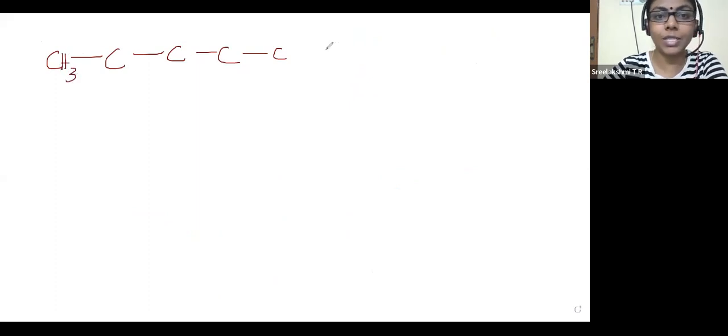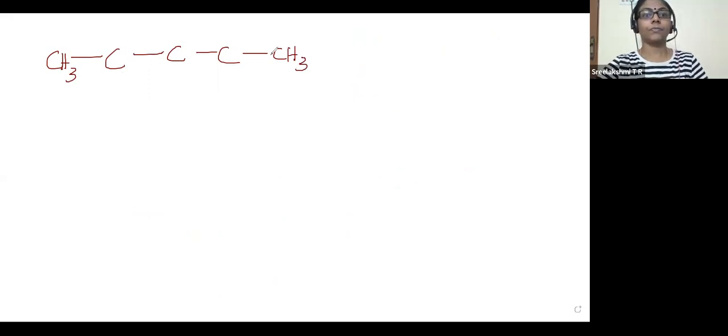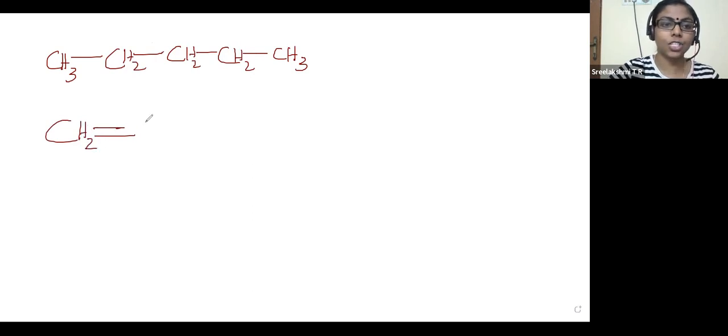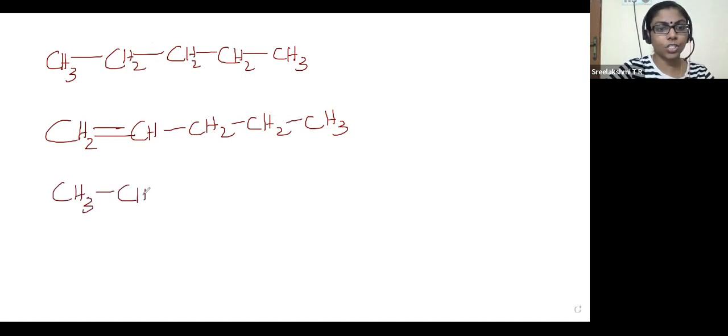The terminal ones are always CH3. If all the carbon atoms are single bonded, the terminal ones are CH3 and the others are all CH2, CH2, CH2. If they are double bonded, if the terminal carbon atom itself is double bonded, the first one will be CH2, second one will be CH, then CH2, CH2, CH3. Now, CH3, CH, CH3, CH2, CH3, kind of like this.